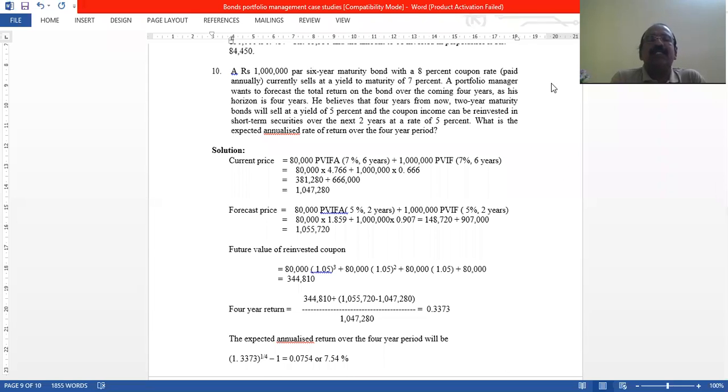Usually what we do is 80,000 divided by 1.07 power 1 plus 80,000 divided by 1.07 power 2 plus 80,000 1.07 power 3, like that. That is the present value of coupon payment. Or just multiply with the present value interest factor annuity table value. If the table value is not given, you need to calculate like this.